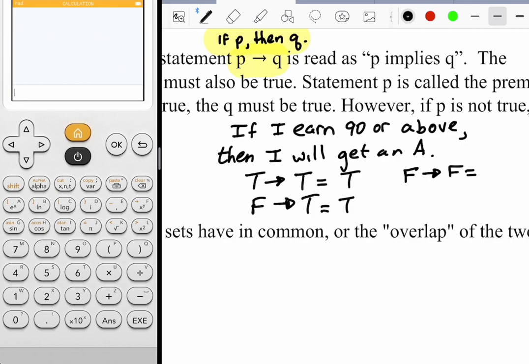If you get an 85 and I give you a B plus, that's what I should give you, but it still has nothing to do with this contract because we didn't satisfy the premise. So this would be a true, because even though the contract doesn't apply, I didn't break the contract. Breaking the contract is the only way to get a false when it comes to a conditional.